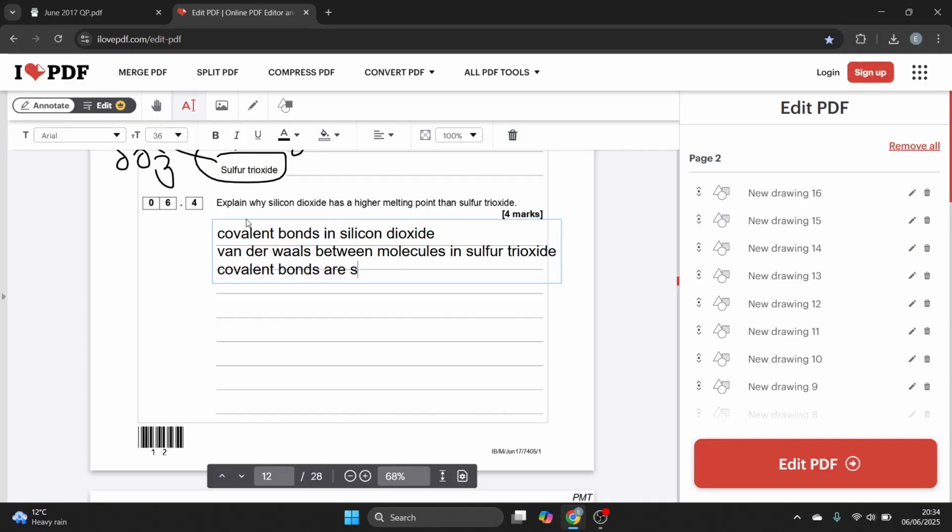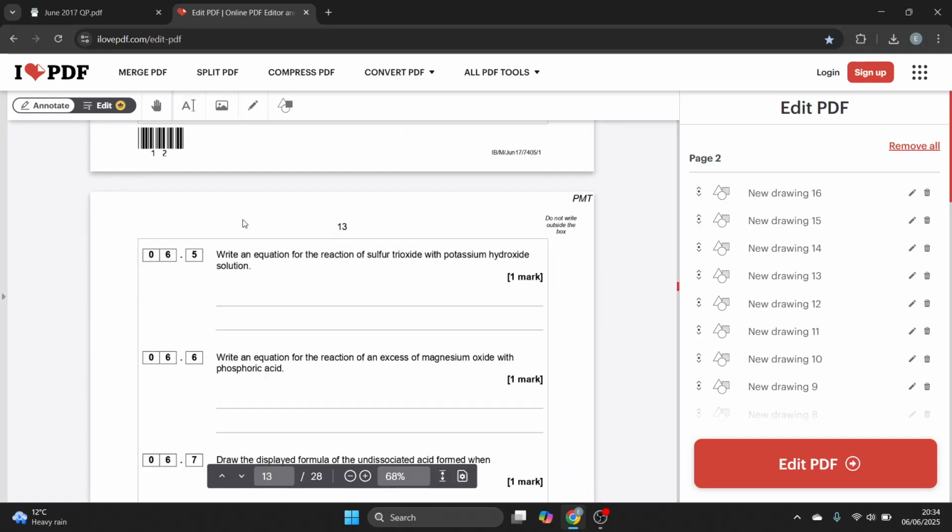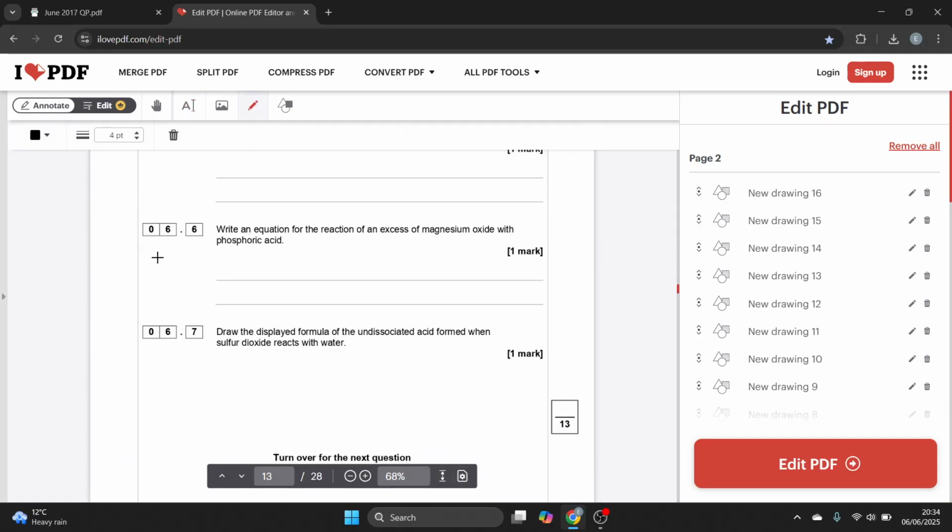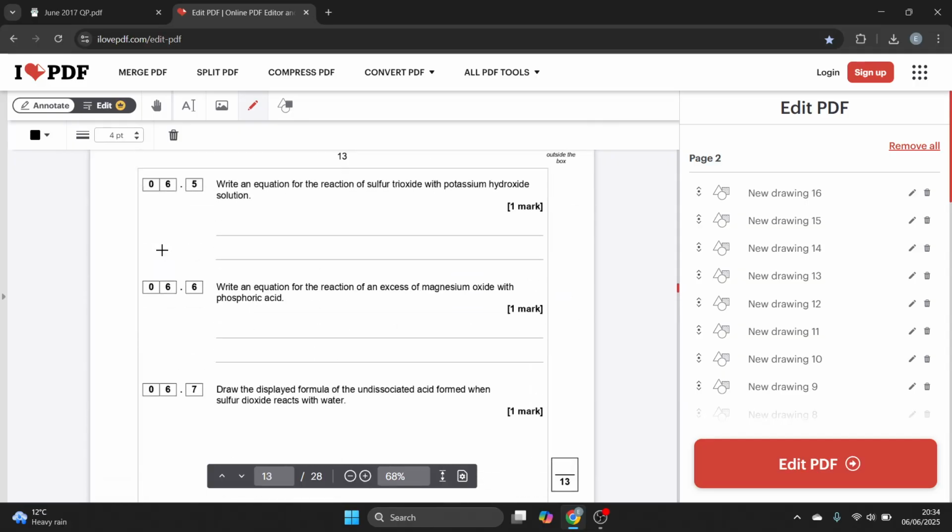Covalent bonds are stronger than van der Waals. Covalent bonds take more energy to be overcome. Beautiful.